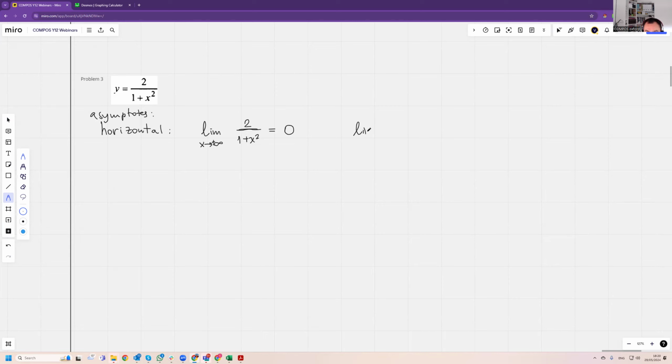And now you find the limit as x tends to minus infinity, and similarly, the answer is also 0. You could save yourself time and just put plus minus, but it's not always the same. It's sometimes different. And that means that y equals 0 is a horizontal asymptote.